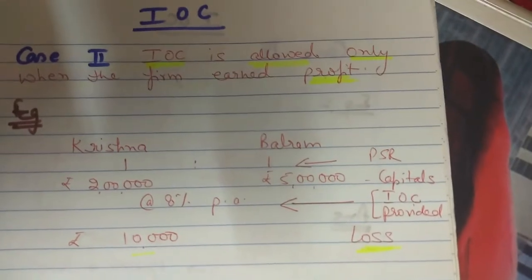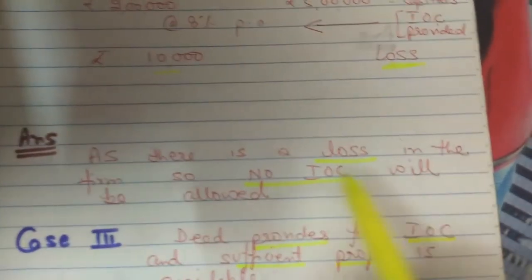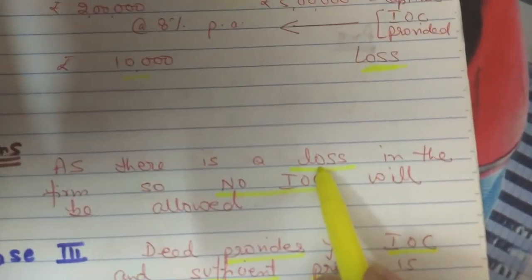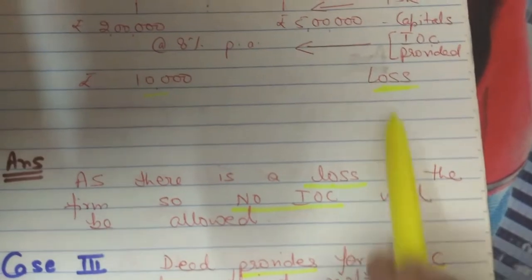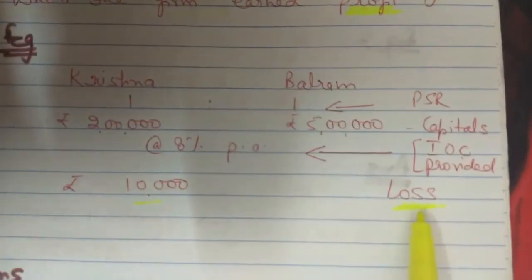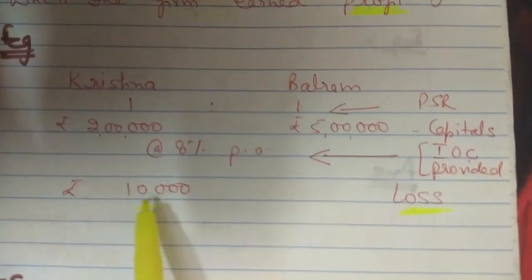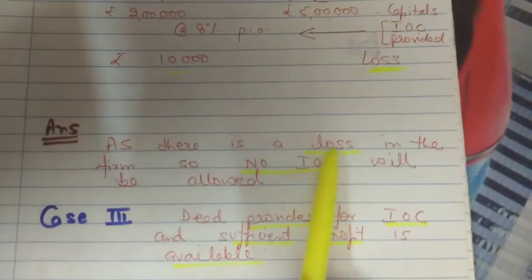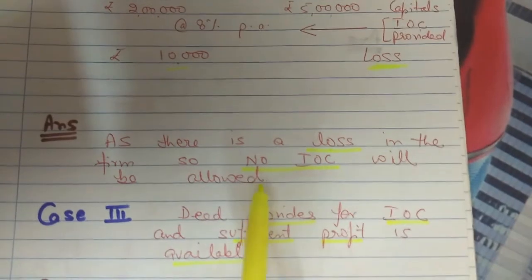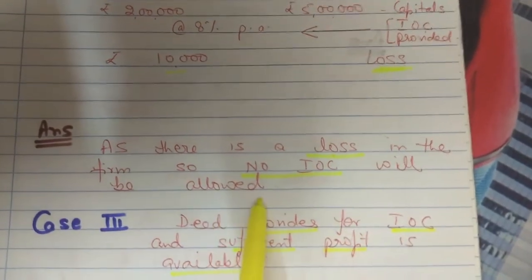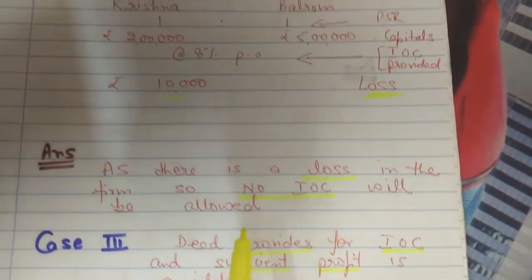Clear? Now how to proceed to answer this question? Answer will be, as there is a loss in the firm. It is given in the question that there is a loss of rupees 10,000 in the firm. So whenever there is a loss in the firm, no IOC will be allowed to any partner.